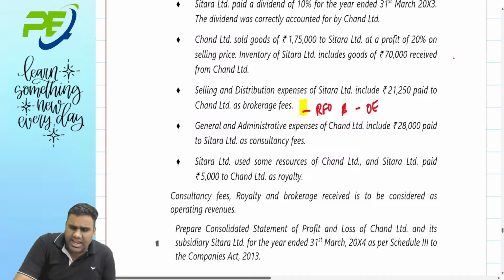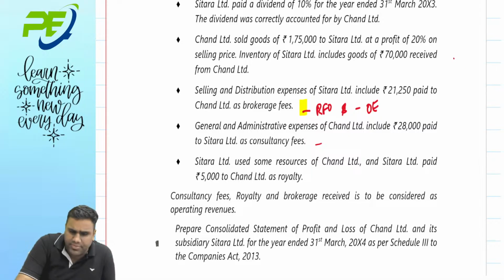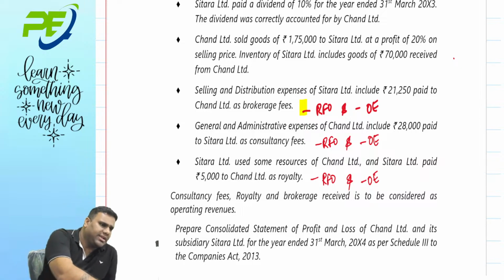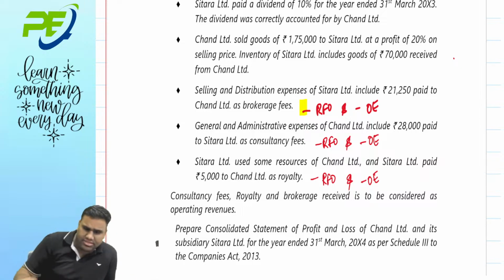Next, general and admin includes 28,000 paid to Sitara. So this will be reduced from RFO and also from other expenses. And last, royalty will be subtracted from RFO. So from RFO, we have to subtract three things.